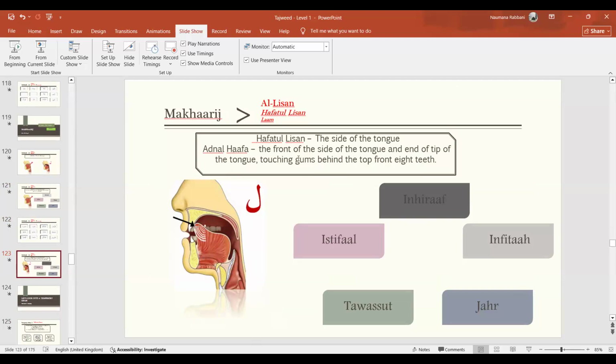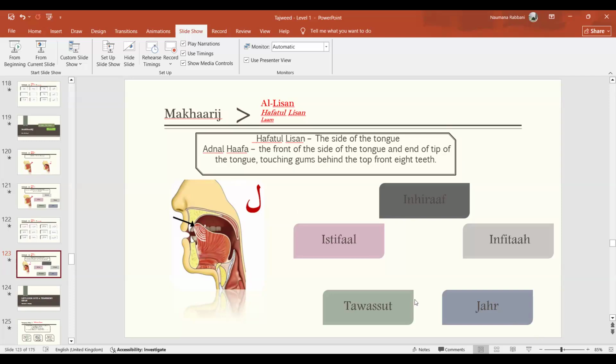Now, adna al-hafa, the front of the side of the tongue and the end of the tip of the tongue. So obviously, if it's touching, the tip is also going to be touching the palate, touching the gums behind the top front 8 teeth.